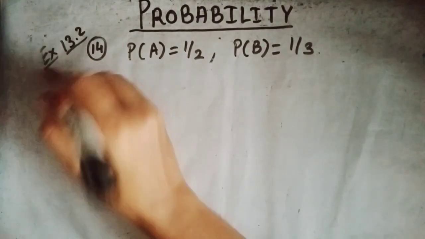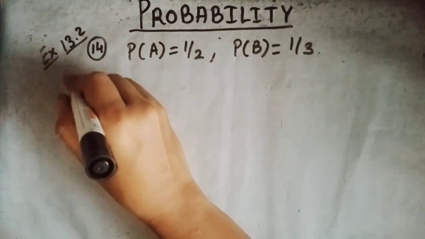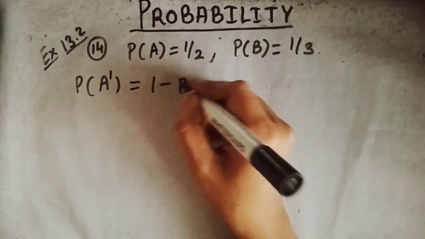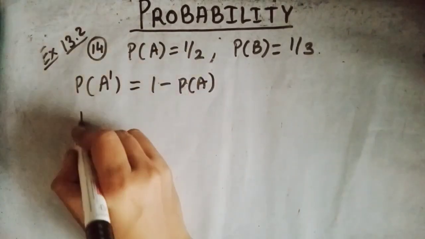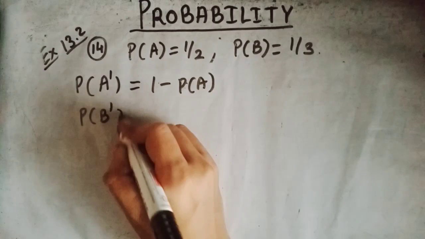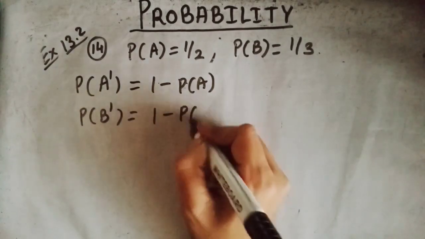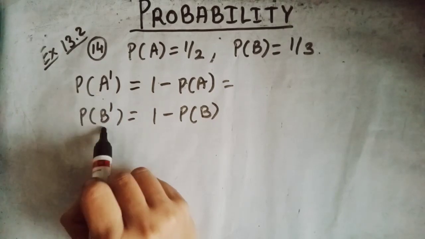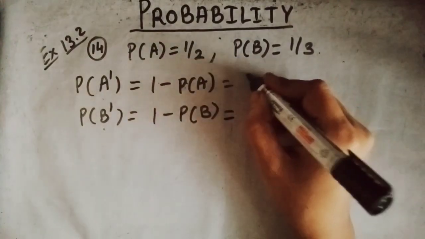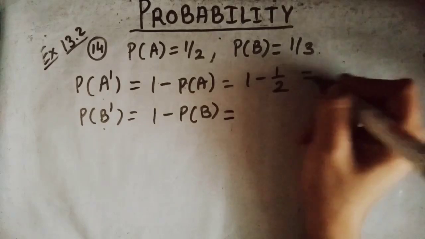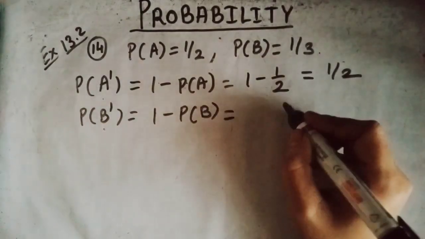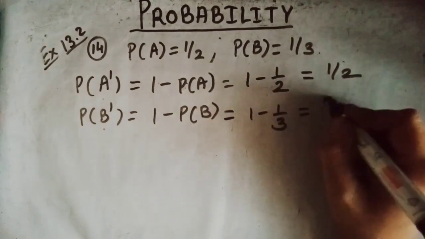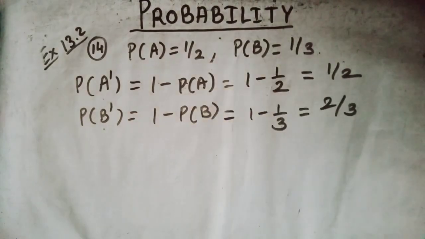So we need to find the complement of both. So P of A complement will be 1 minus P of A and P of B complement will be 1 minus P of B. This is for A not solving the problem and this is for B not solving the problem. 1 minus half, so it comes to half. 1 minus 1 by 3, so 3 minus 1, 2 by 3.